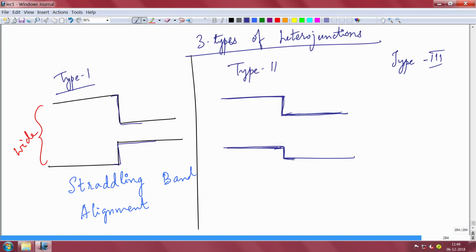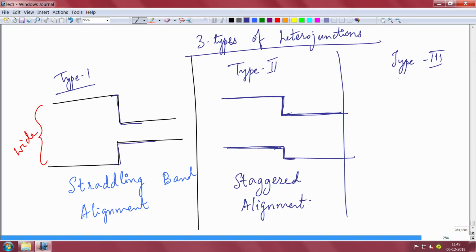This depends on electron affinity and band gap. This is called type 2, staggered band alignment. In a real doped semiconductor you will have depletion and other things which I have not shown here, but I will show that.